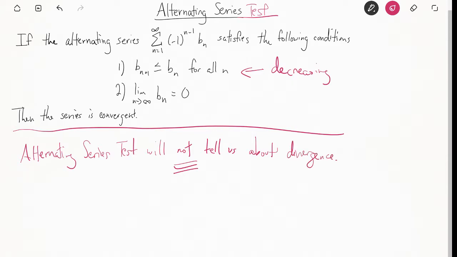It can only tell us about convergence. If you want to show that it's divergent, you go back to what's called the test for divergence, because basically you have the limit as n goes to infinity of b sub n being something different than 0. That tells you it's going to be divergent.